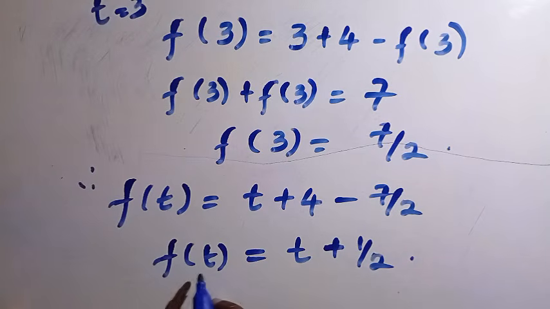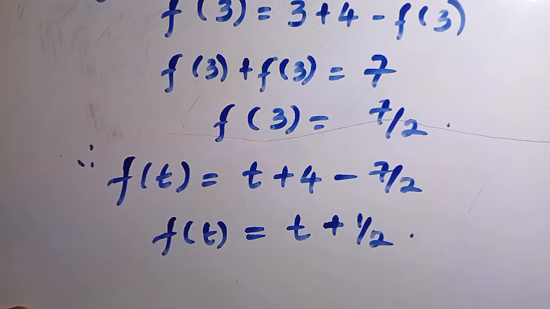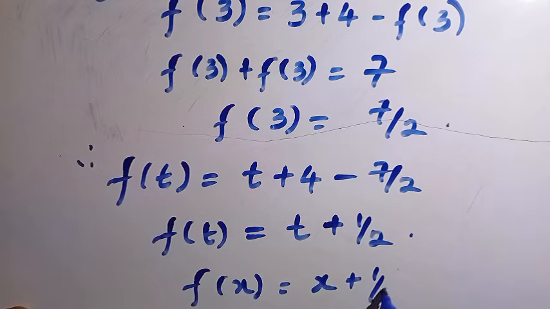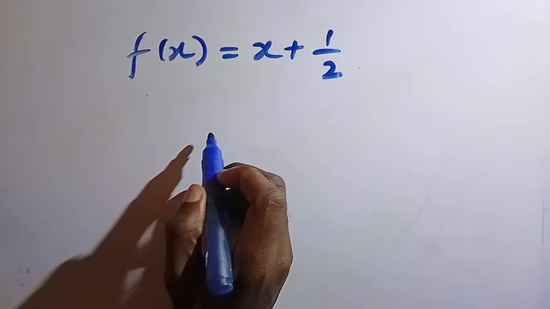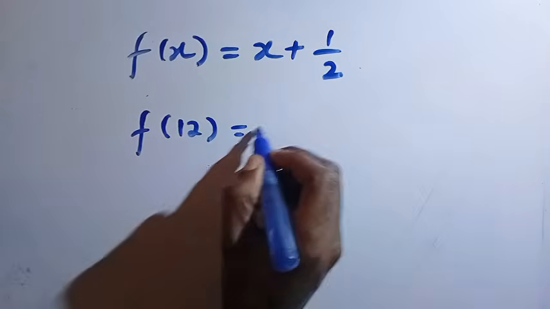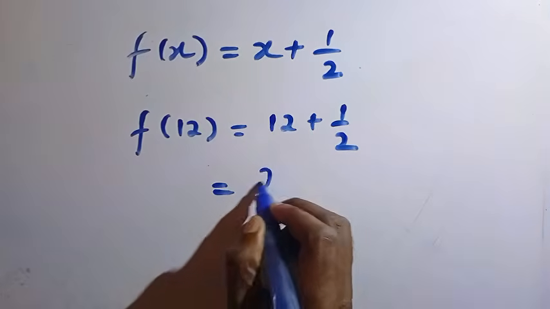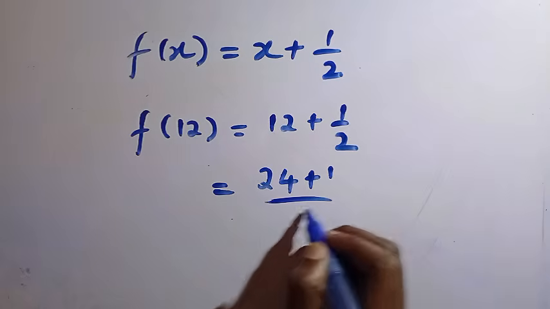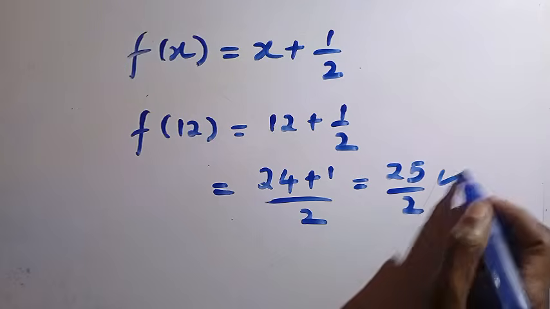So the new function for f of t is t plus 1 over 2. And if I change it to x, we have f of x equals x plus 1 over 2. So t and x are members of the real numbers. So here we have f of x equals x plus 1 over 2. And at x equals 12, we have 12 plus 1 over 2. And this gives us 24 plus 1 over 2, which equals 25 over 2.